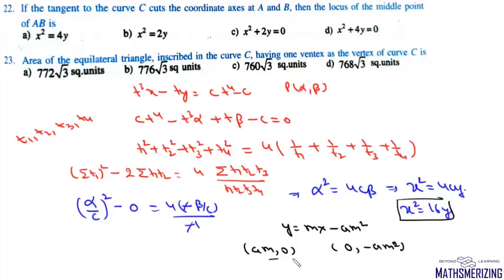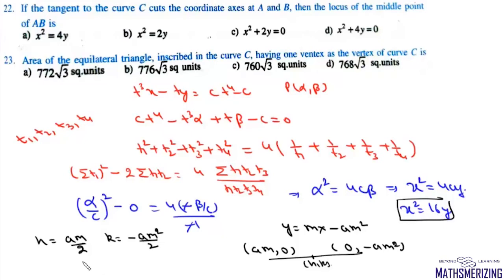Now we need to find locus of midpoint of A and B. So let this point be h comma k. So we can write h as am by 2 and k as minus a m square by 2. Now we need to eliminate the value of m. Now here the value of a is 4.